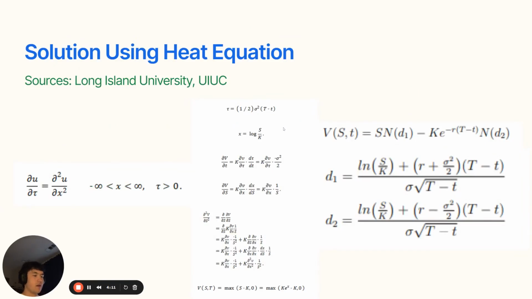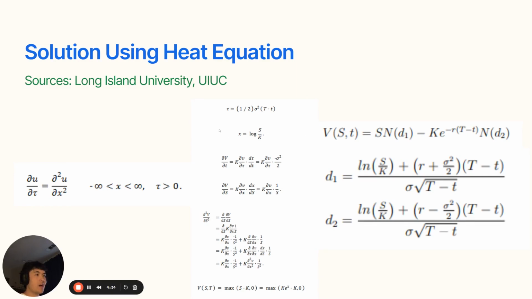And interestingly enough, the Black-Scholes partial differential equation can be derived using the one-dimensional heat equation, which represents the temperature of a very thin object at any point in time. And by basically rearranging the variables, it can describe the change of a call over a given point in time.